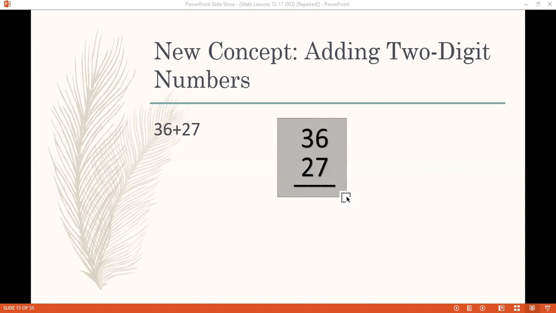Which two numbers are in the ones place value? If you said 6 and 7, you are right. 6 and 7 are in the ones place value. And which two numbers are in the tens place value? Which of our two addends are in the tens place value? If you said 3 and 2, you are also right. That is in the tens place value.